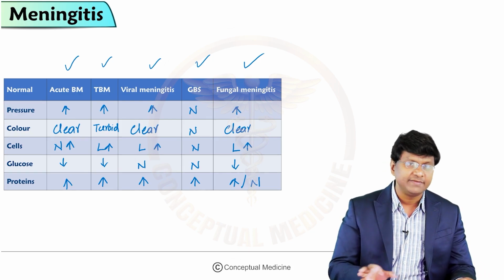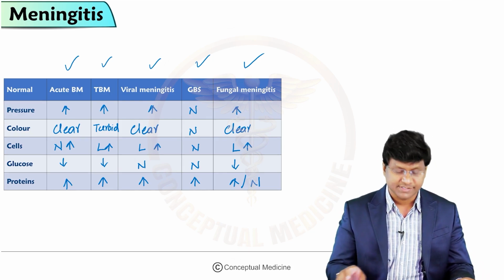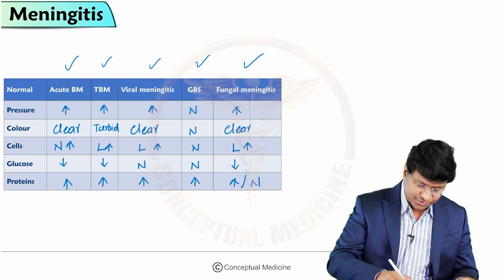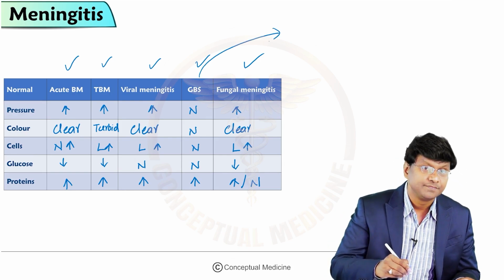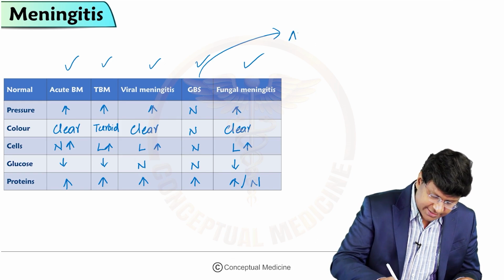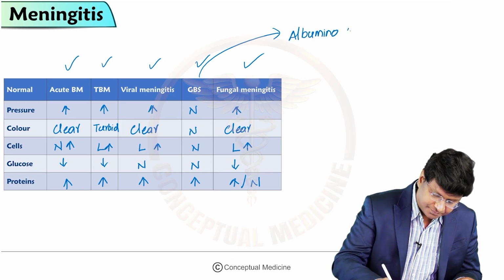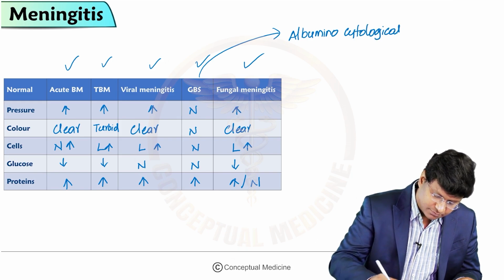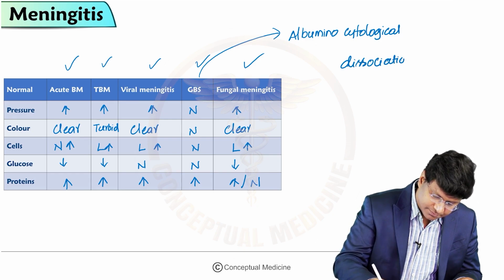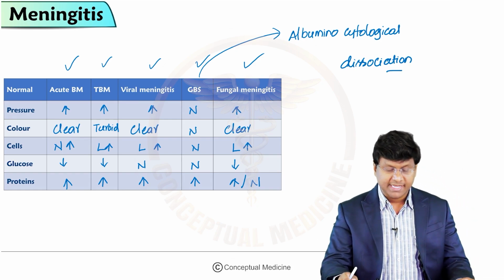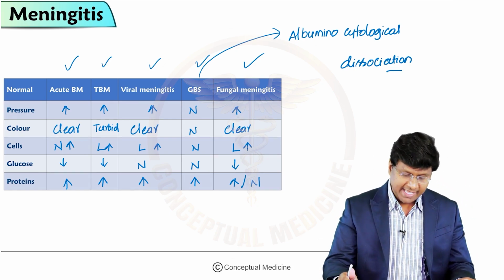So proteins will be elevated in all the forms of meningitis, and particularly if you take Guillain-Barré syndrome, we call this as albuminocytological dissociation. Now what do you mean by this word albuminocytological dissociation?